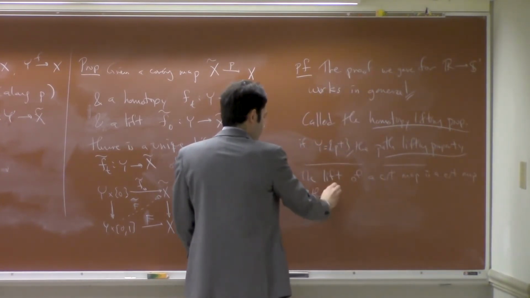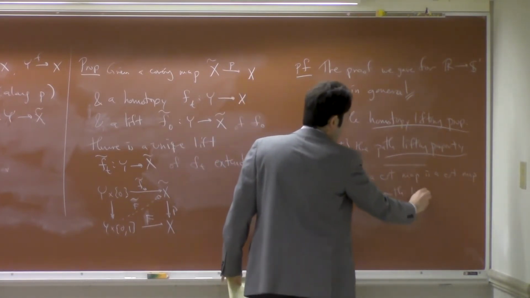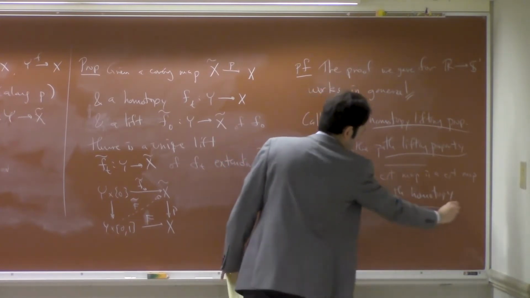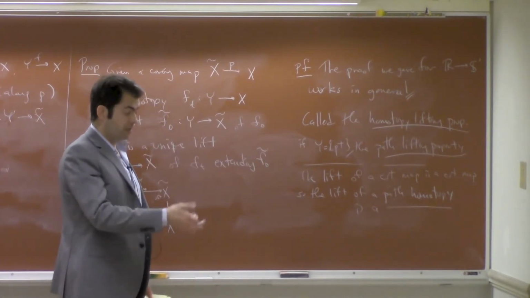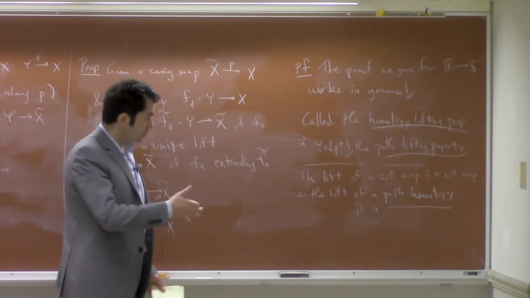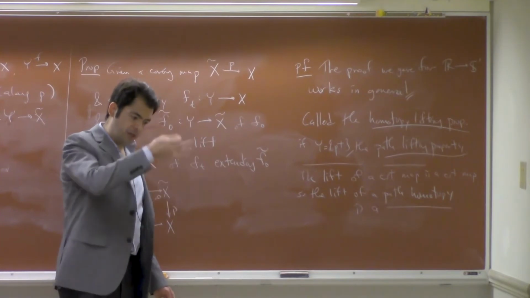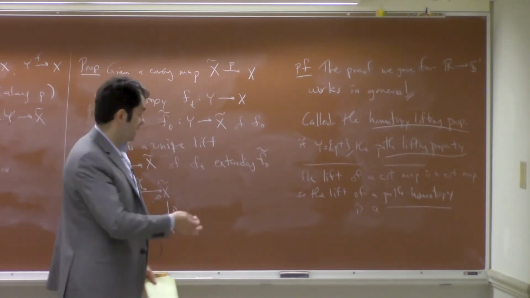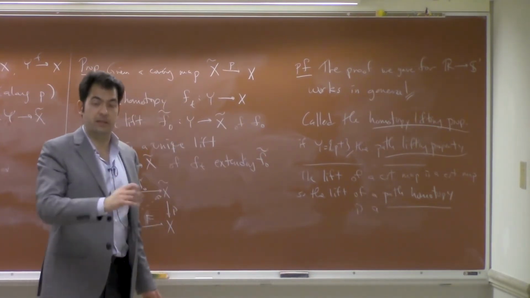So the lift of a path homotopy is a path homotopy, right? Because when you have a path homotopy, this is a homotopy that's fixing the beginning point and the end point of your path. So when you lift that homotopy, then in particular, you're lifting the constant map at the left endpoint and the constant map at the right endpoint. And so your homotopy upstairs also is the constant map at the left endpoint and right endpoint.